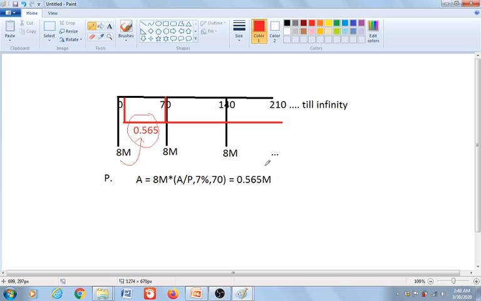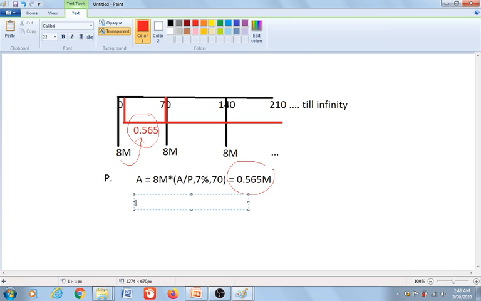So now, since we have A every year forever, we can calculate P, the capitalized cost. The capitalized cost P equals A over i, and that should be 0.565 million over 0.07, which equals 8.071 million.